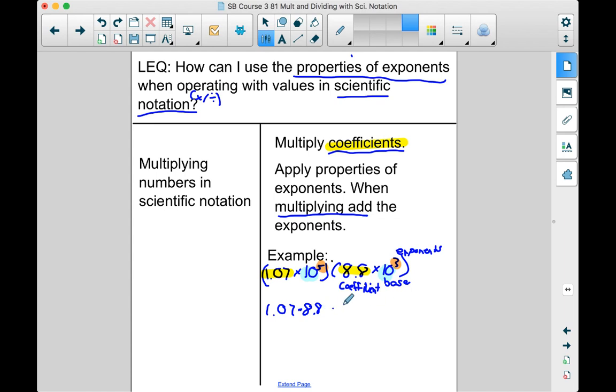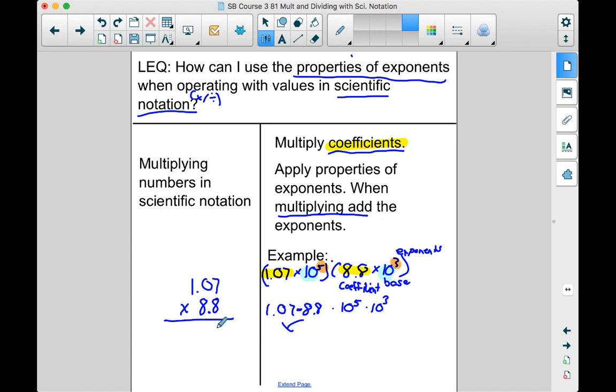And then I can do my 10 to the power of 5 times 10 to the power of 3. So here, this is just multiplication. So off to the side here, I'm going to remind us how we multiply decimals. There's no exponents with it. There's no other operations. This is just multiplication.